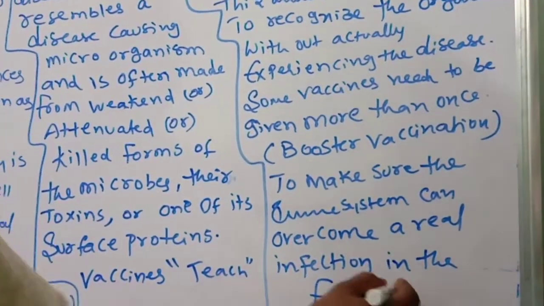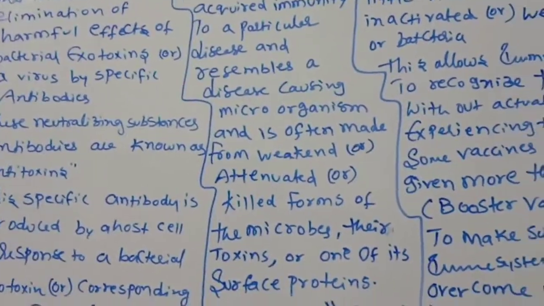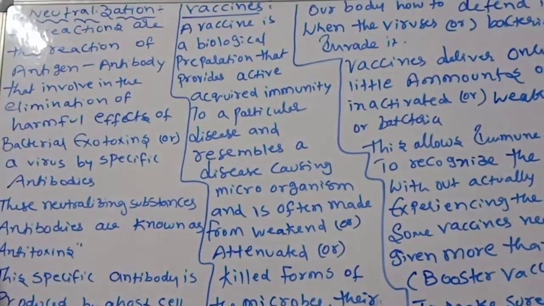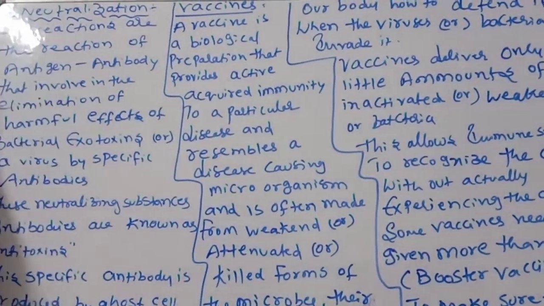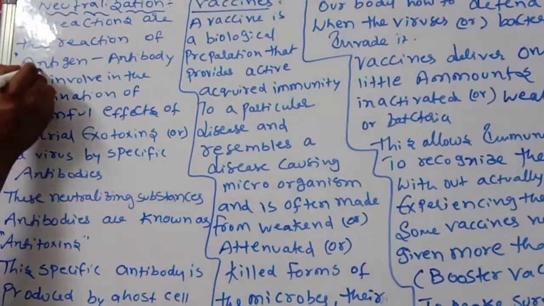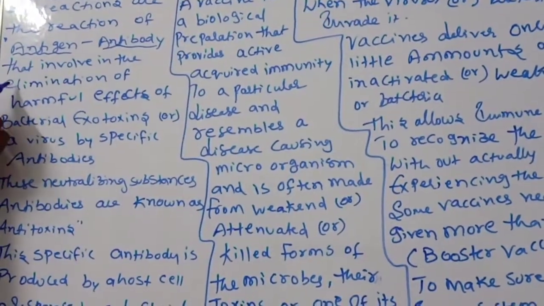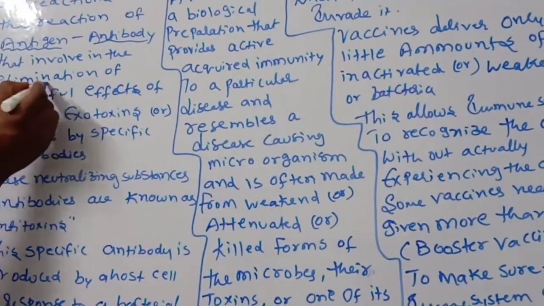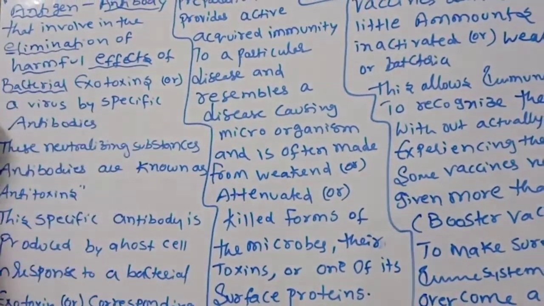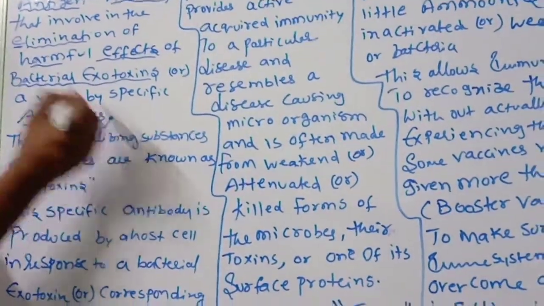Okay, children, observe very carefully. So we are going to discuss another antigen antibody reaction that is called neutralization. Neutralization reactions are reactions of antigen antibody that involve the elimination of harmful effects of bacterial exotoxins or a virus by specific antibodies.